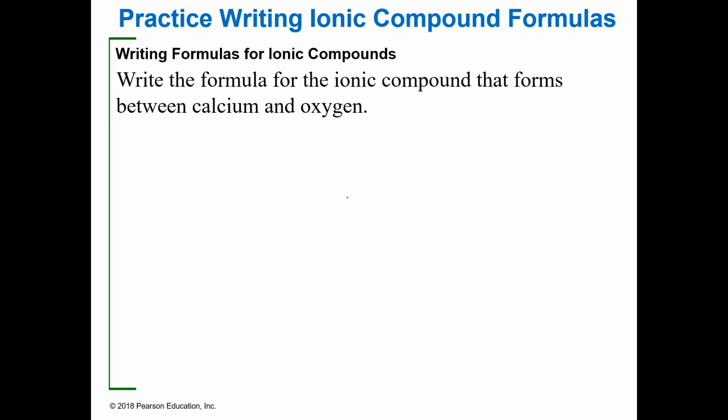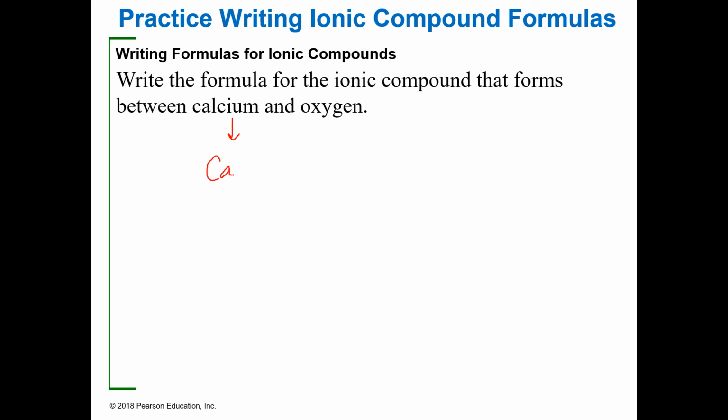All right, so let's look at writing an ionic compound. Let's look at what we just learned. Write the formula for the ionic compound that forms between calcium and oxygen. Calcium's in group 2.